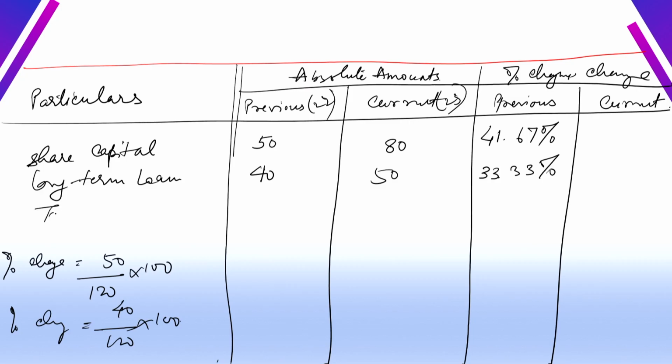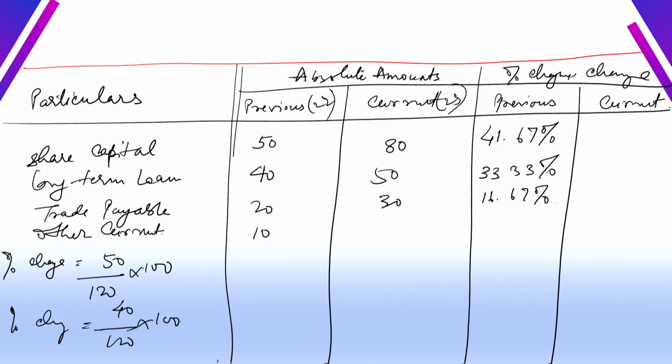Next item is trade payable, that is 20,000, and for the current year 30,000. 20,000 of rupees 1,20,000 is 16.67%. Other current liabilities are 10,000 for the previous year and the current year, and 10,000 is 8.33% of total liabilities, which is 1,20,000.